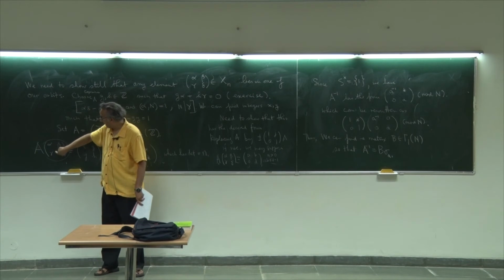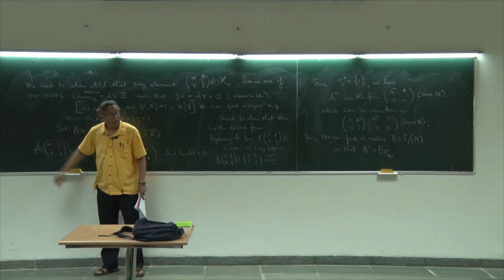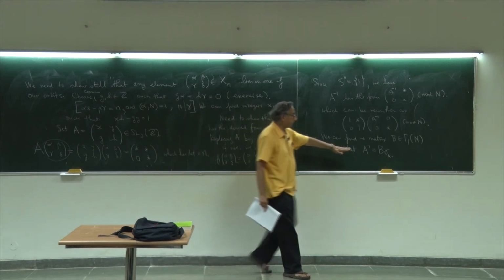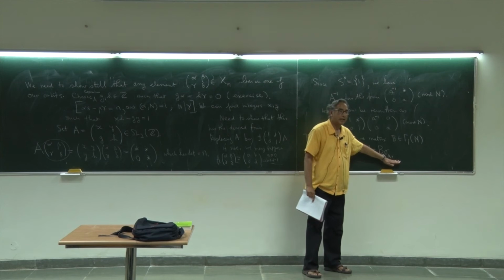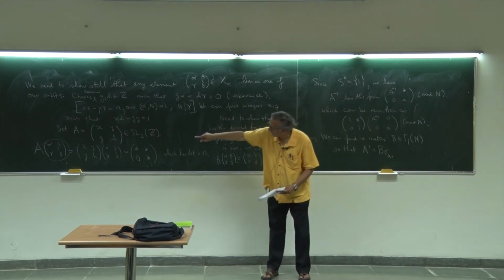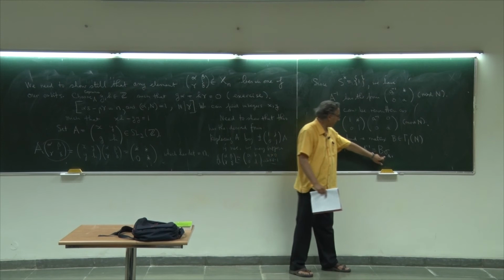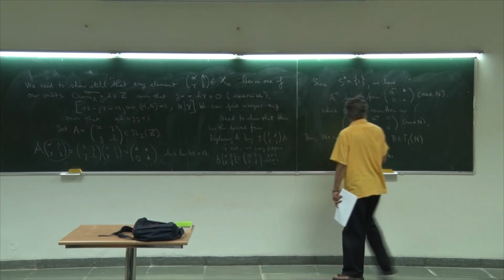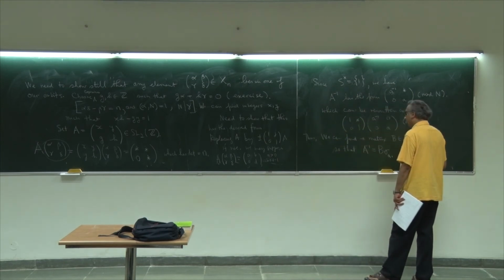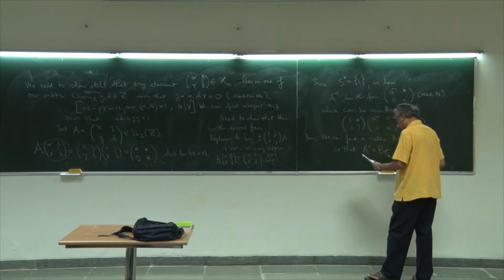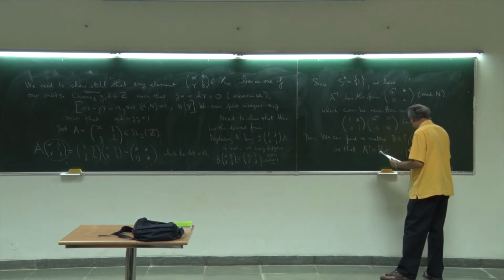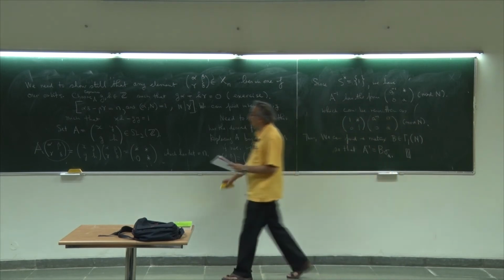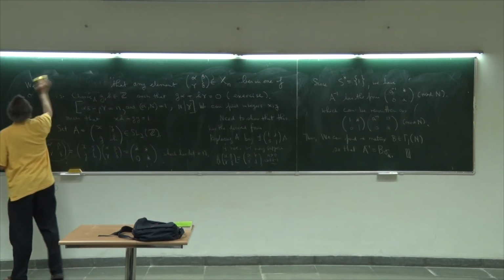So alpha beta gamma delta is equal to A inverse times this matrix of this shape. But A inverse can now be written as B times sigma A. Therefore, my original matrix alpha beta gamma delta can be written as B times sigma A times this A B 0 D that I had. Okay, so that takes care of that proof.